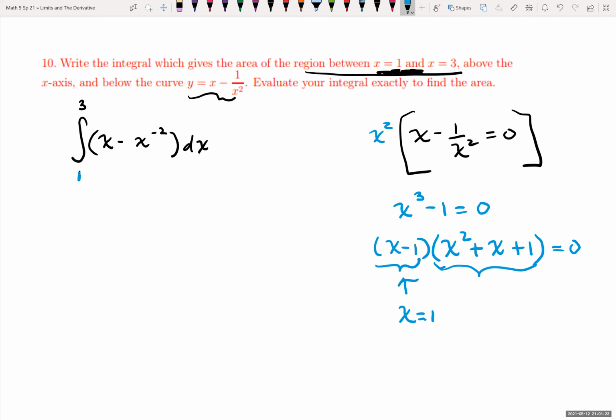That second piece, that trinomial, I believe it's not going to be factorable over the reals. If I look at my b squared minus 4ac, I believe this is an imaginary number, which it is. And so I know that this has no real solutions. So x equals 1 is the only solution, and I can see that this is above the x-axis from 1 to 3. So we're okay with that piece. And now it's easy to go through and take the antiderivative and evaluate that from 1 to 3.